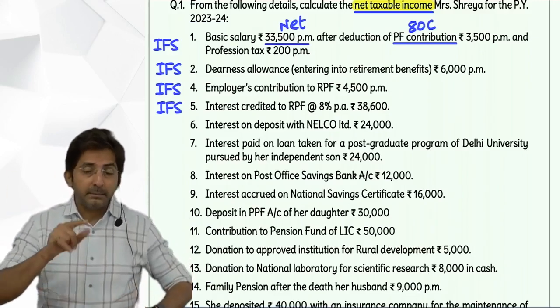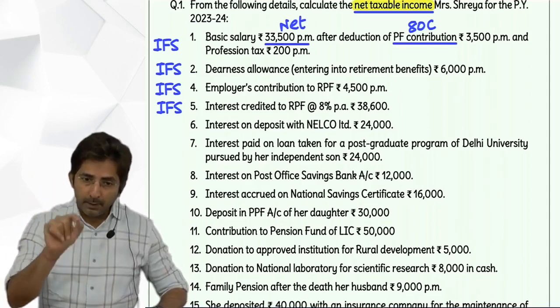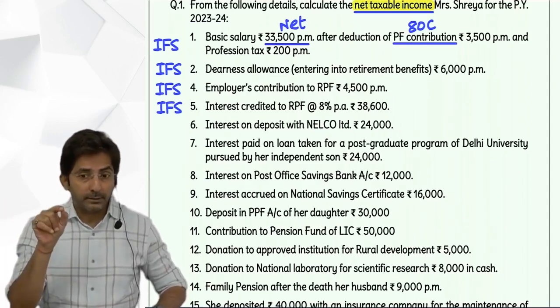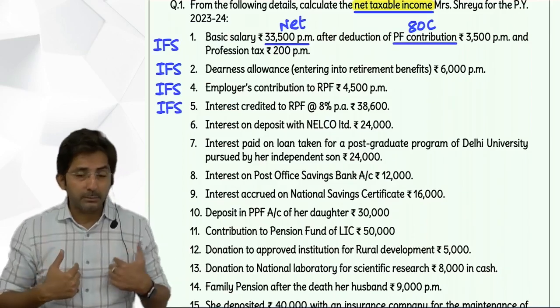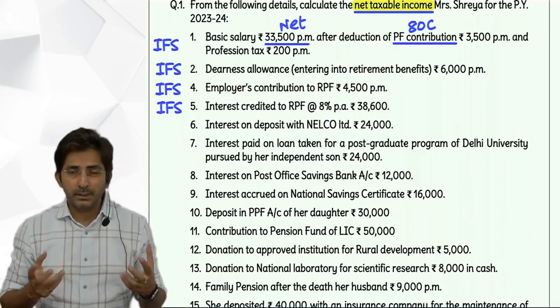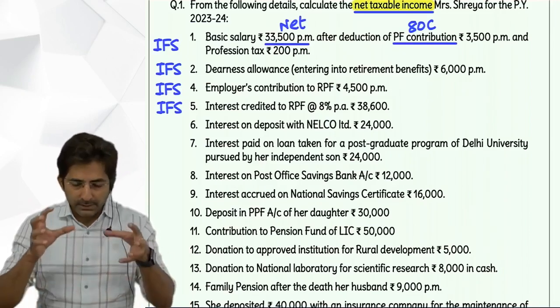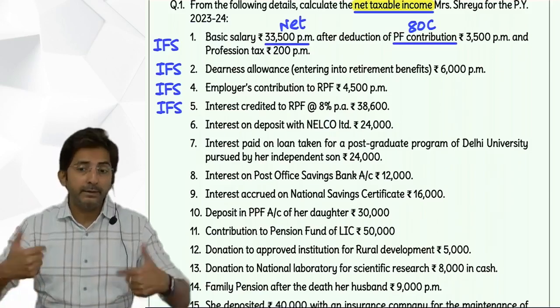But there are some 80E related sections: 80E, EE, EEA, EEB. That is also for interest, but that is interest paid. But you know what I have noticed in my past teaching? Some students just read the word interest and they don't take any decision. Always check whether interest is your income or expenditure. Accordingly, we decide the effect.